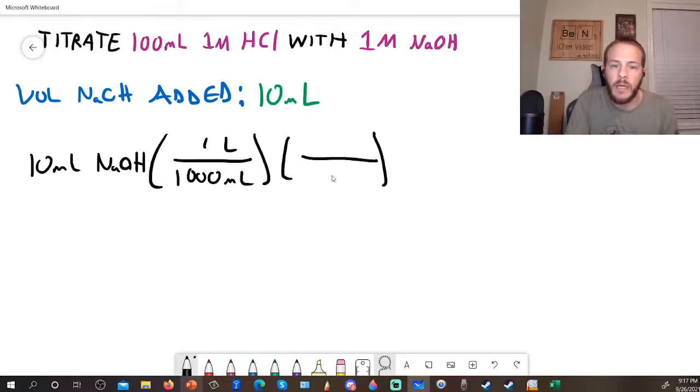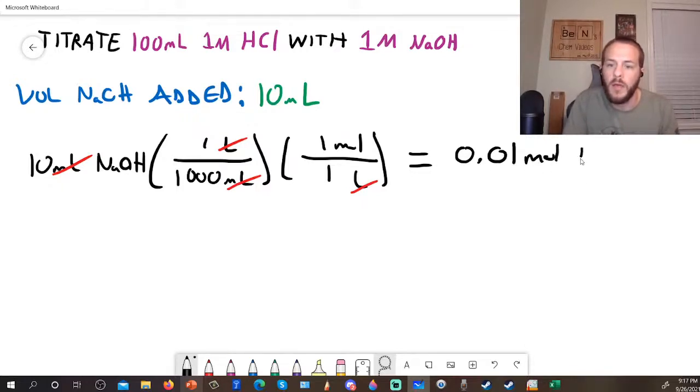So we have 1 liter on the bottom, 1 mole on top. That's what a 1 molar solution means, you have 1 mole per liter, making sure that our units cancel. Milliliters cancel, liters cancel, and we are left with 10 divided by 1,000, which is 0.01 moles of NaOH.